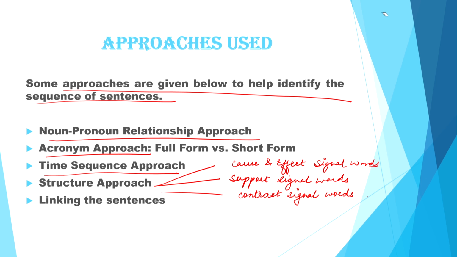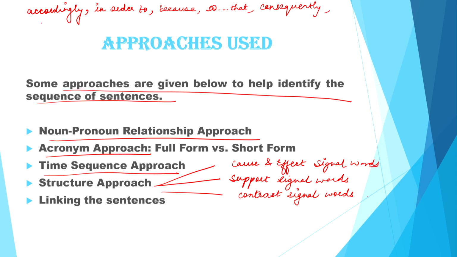So, words like, I am writing it down. So, words like accordingly, in order to, because, so that, consequently, therefore, given, thus, hence, when, then, and if, then, and so on.